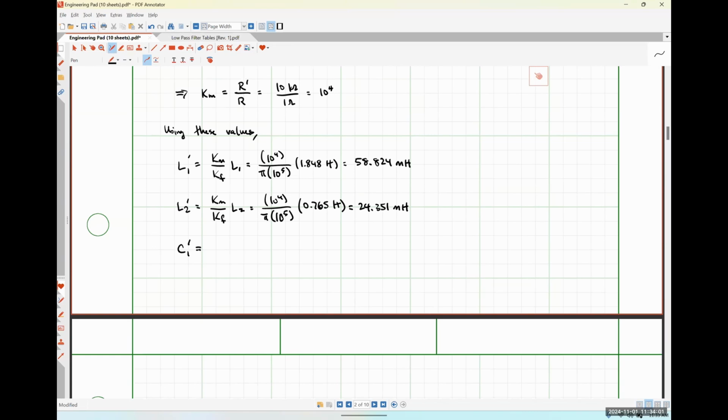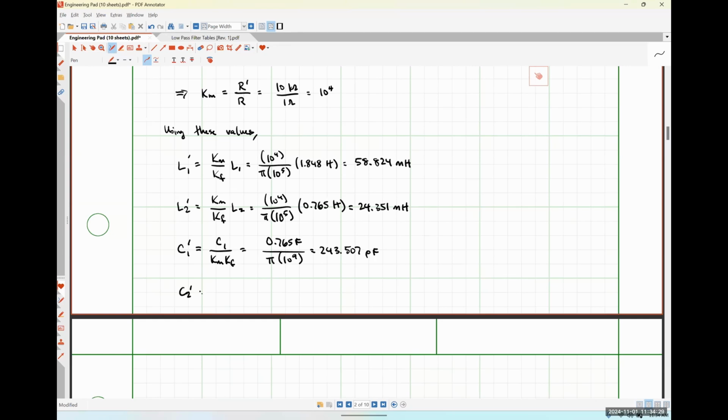Our scaled version of C1 is going to be C1 over Km Kf. So that's going to look like 0.765 farads divided by pi times 10 to the 9, or 243.507 picofarads.